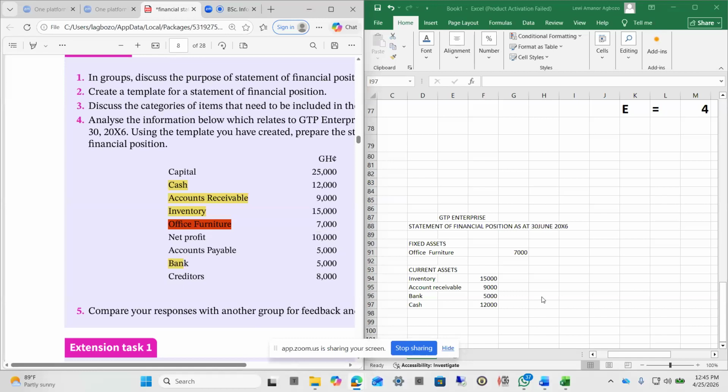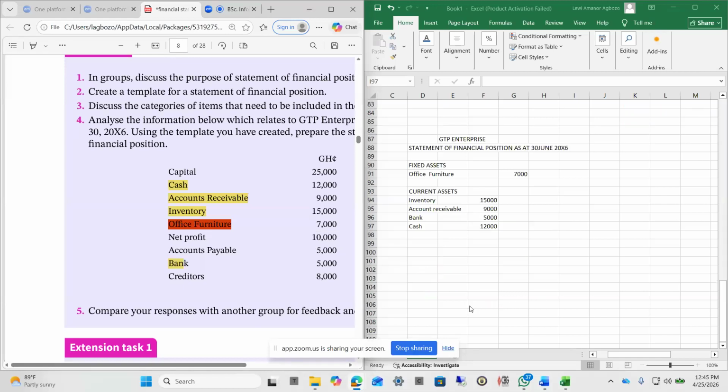Are you following me? Okay. Always bring your sign. Then our next thing is what? Current liability.